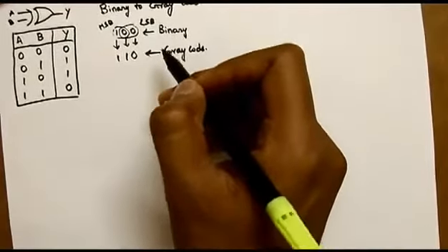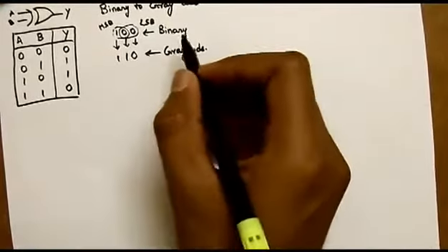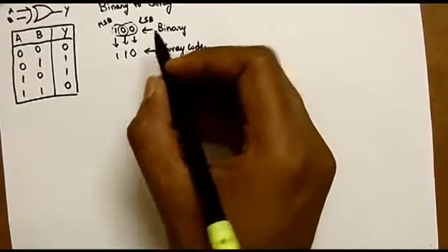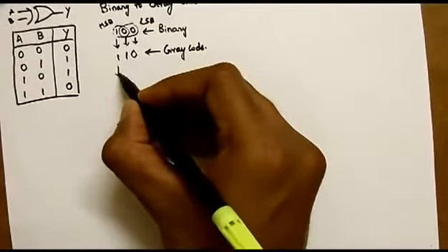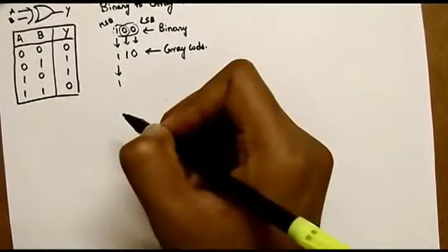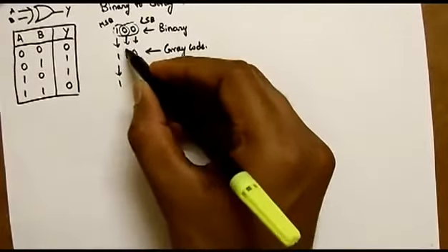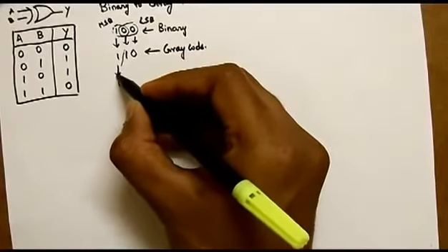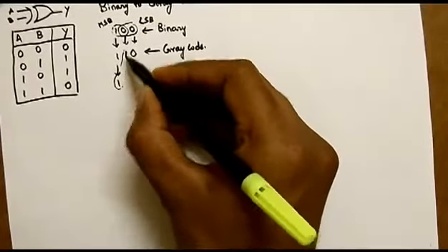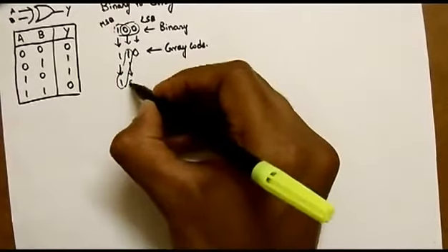For getting the equivalent binary code from a gray code, the rule is again the same. MSB is always the same for binary and gray, so we can write MSB directly. And now we will have to XOR diagonally. 1 and 1 XOR, it is 0.